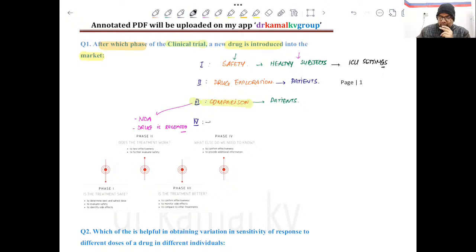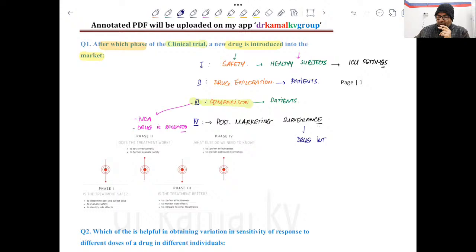And now phase 4 is post marketing surveillance. So what happens, once you have introduced the drug into the market, there are many studies which can be done only on a long-term basis, like drug interactions.